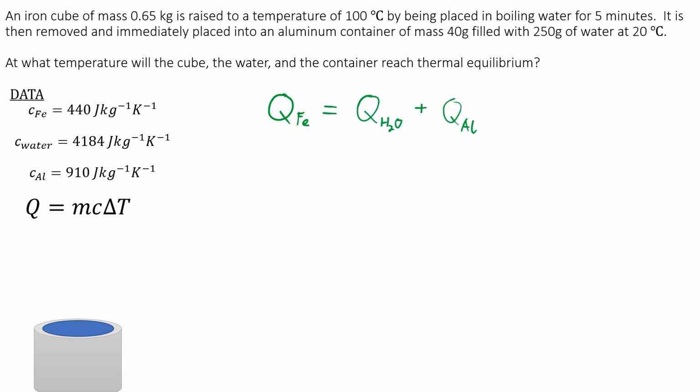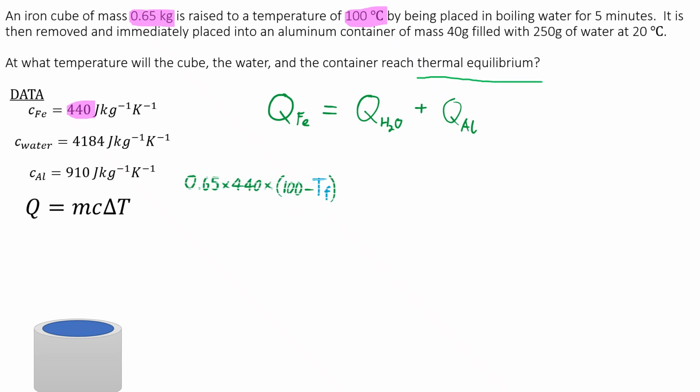It's when there's no more energy being transferred between the iron and the other substances. So the iron is going to lose energy, and the water and the aluminium are going to gain all that energy. There's meant to be some aluminium here defining what thermal equilibrium is, but it'll crop up in a minute.